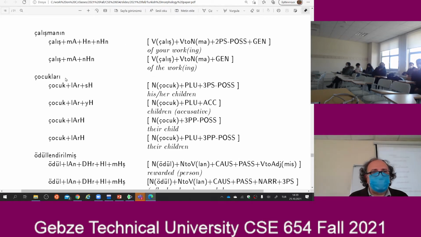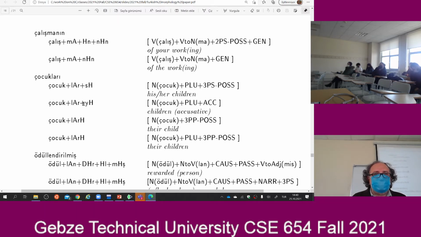So, çocukları has 4 different morphological parses. One of them is this. Çocuk is noun, plural, and third person singular possessive. So that means his, her children.